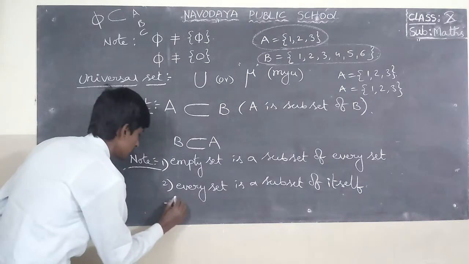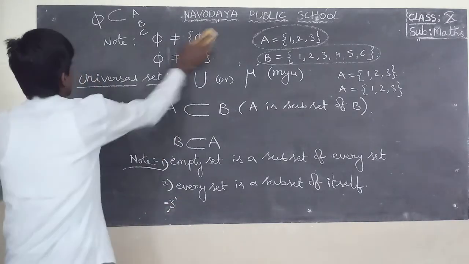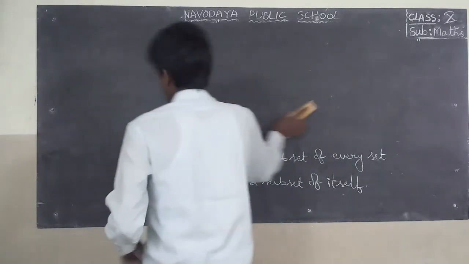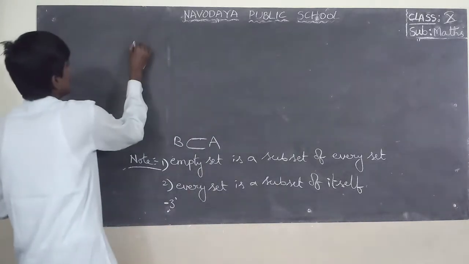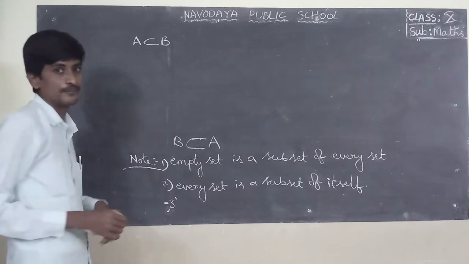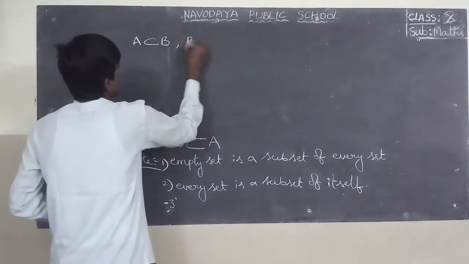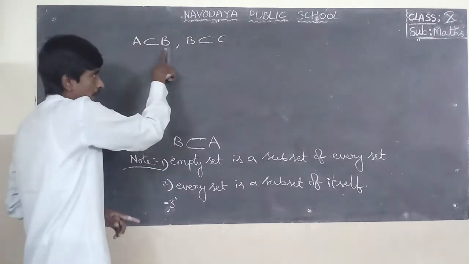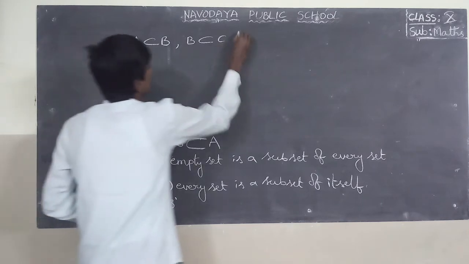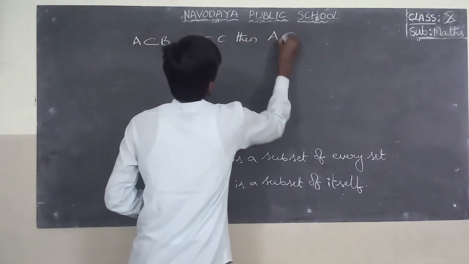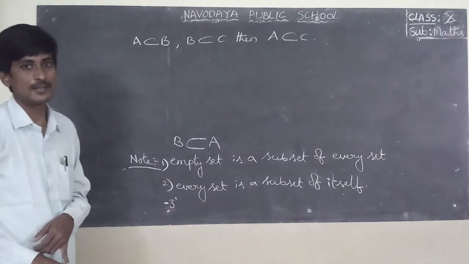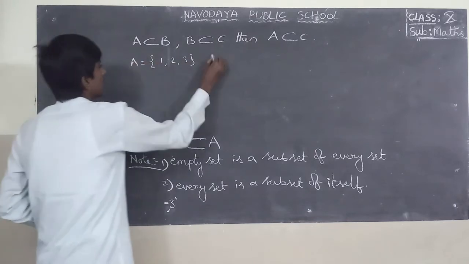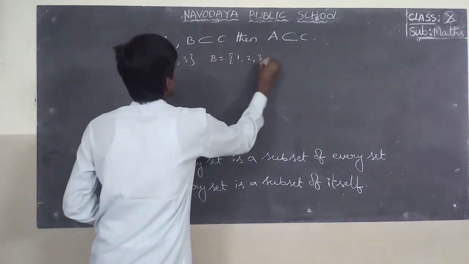Third one: if A is subset B and B is subset C, then A is subset C. One example: A is 1, 2, 3. B equals 1, 2, 3, 4.